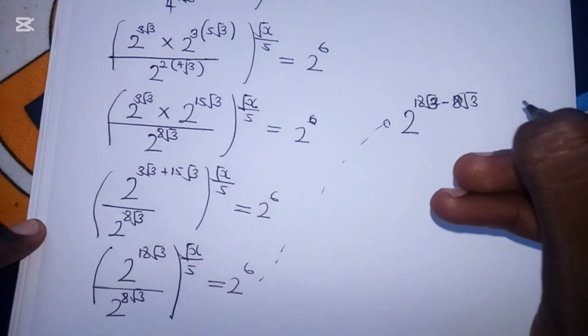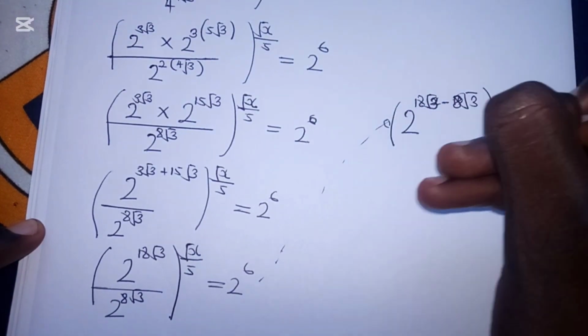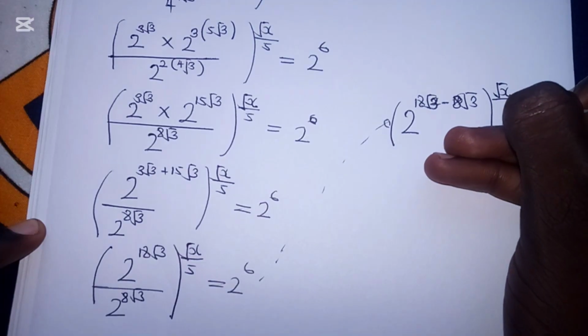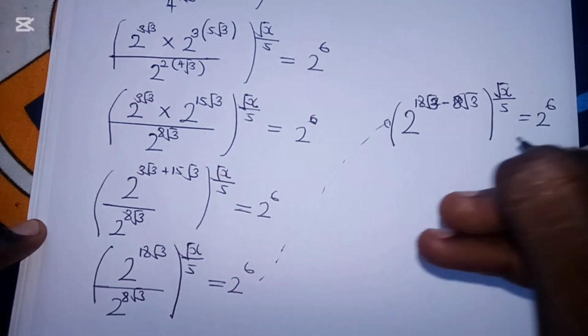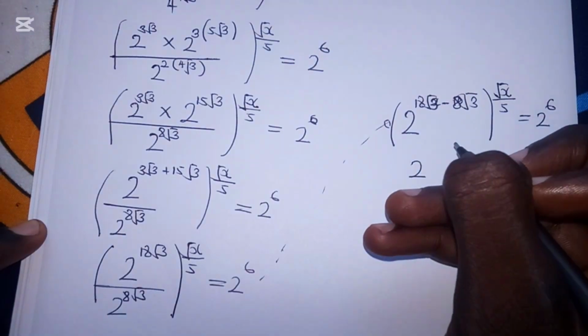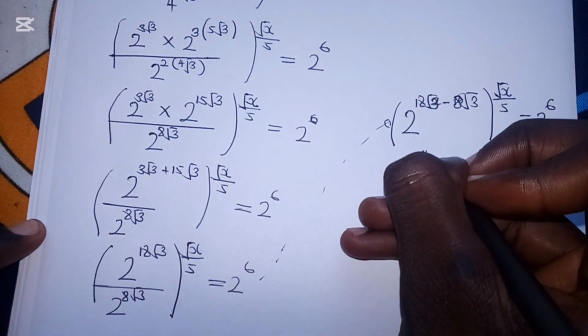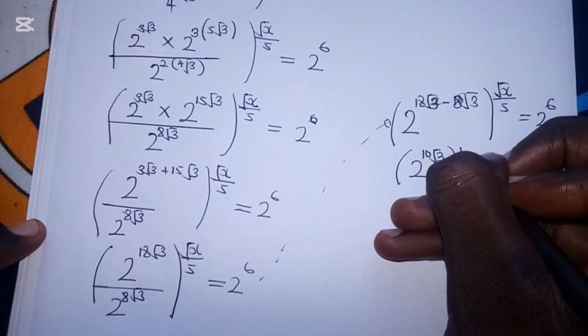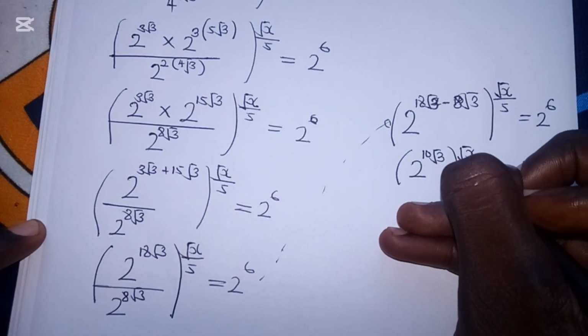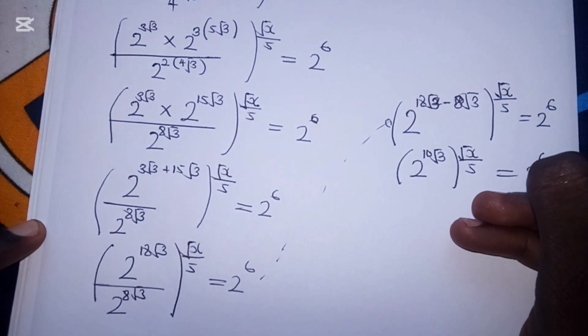Then everything raised to the power root x divided by 5 equals 2 raised to the power 6. Now subtracting, giving you 2 raised to the power 10 root 3. Then raised to the power root x divided by 5, this equals 2 raised to the power 6.